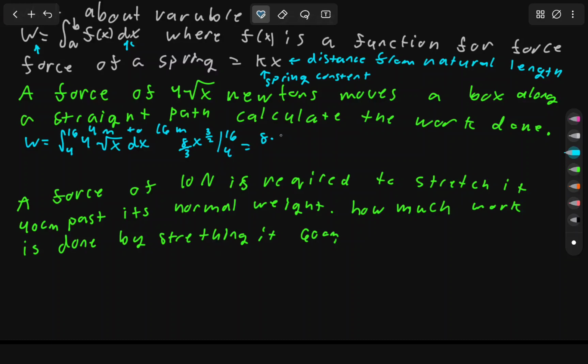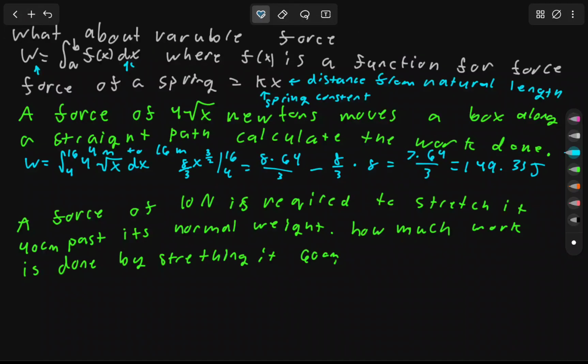So we get 8 times 64 divided by 3. We're also subtracting 8 divided by 3 times 4 square rooted, which is 2, and then cubed, which is 8. So this is going to be 64 thirds, so we can subtract this off and make this 7 times 64 thirds, which evaluates to 149.33 joules.